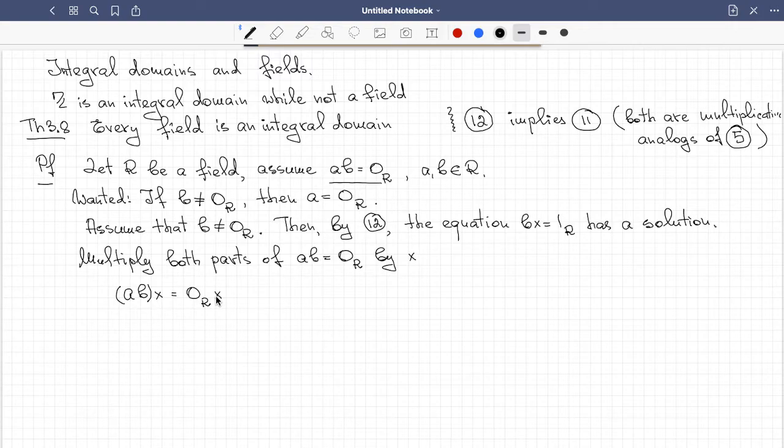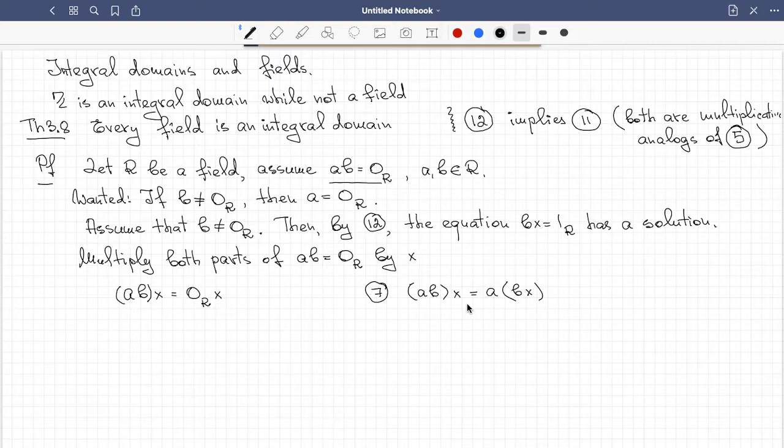Now, we have requirement 7 in the definition of a ring, that's associativity of multiplication, which tells us that (AB) multiplied by X is equal to A multiplied by (BX).